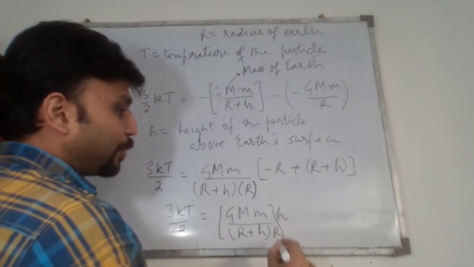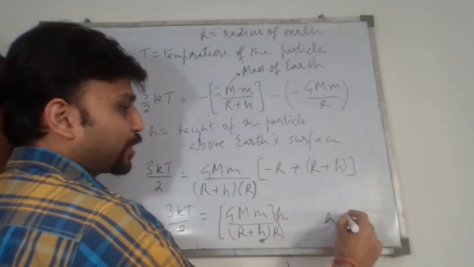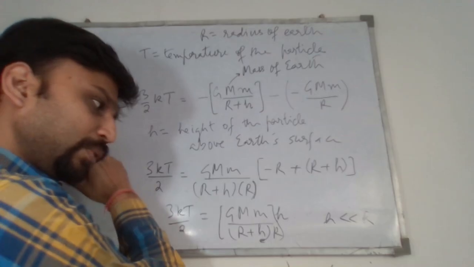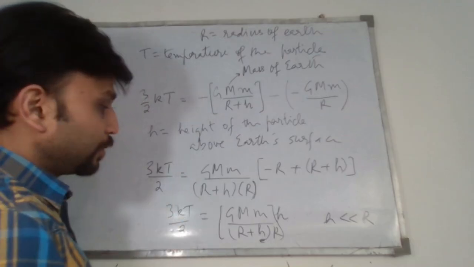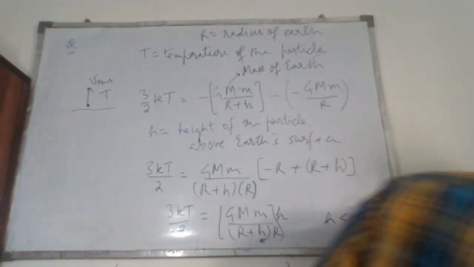Here we can approximate that this value h is much smaller than the radius of Earth.